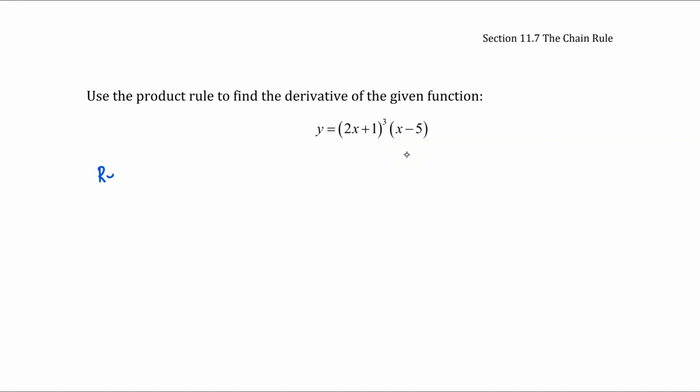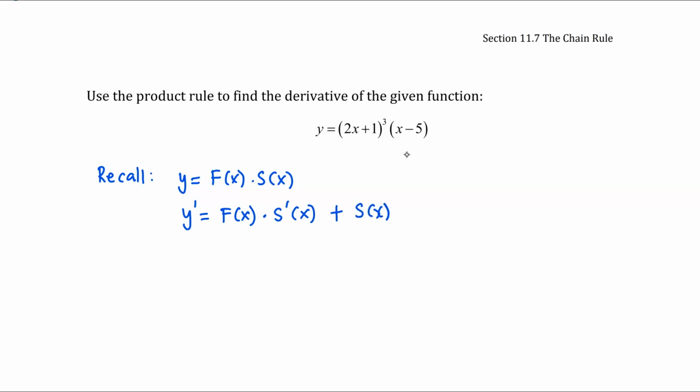So if you recall, the derivative of the product, so a product of the first times the second function, the derivative of a function is equal to copy the first times the derivative of the second plus copy the second function times the derivative of the first function. And now let's apply that to the given function here.